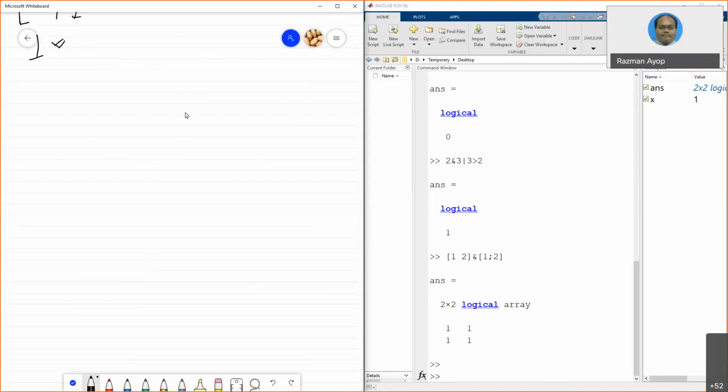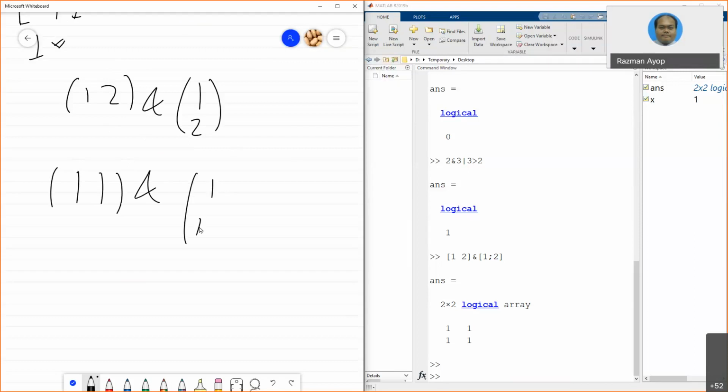Okay, for this case, 1, 2, and then AND, 1, 2. How to solve this? Of course, you have to change to Boolean first. 1, 1, and 1, 1. Okay, anything non-zero will be 1.